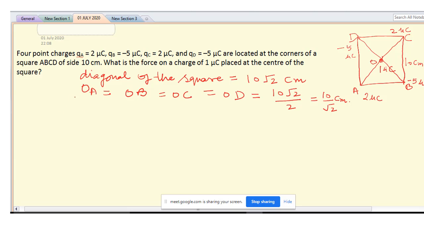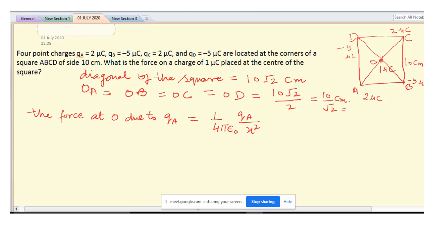Then the force at O due to QA is equal to 1/4 pi epsilon 0 QA upon x square.